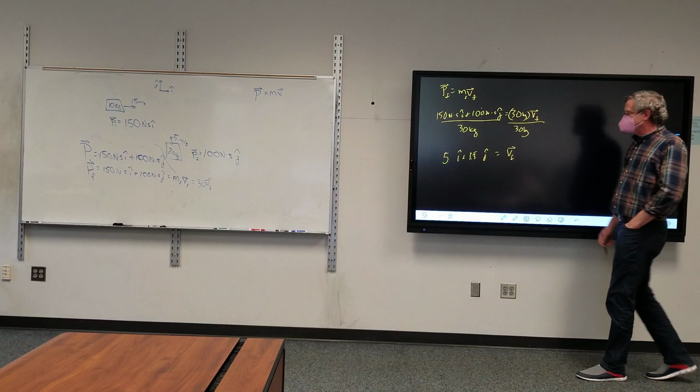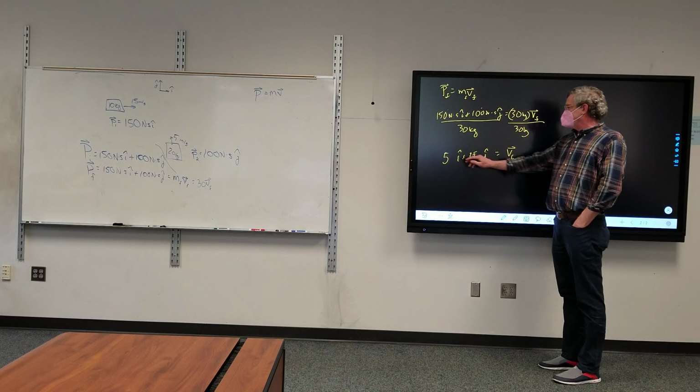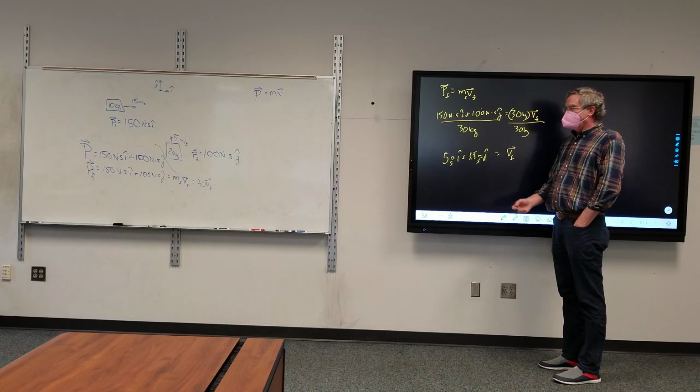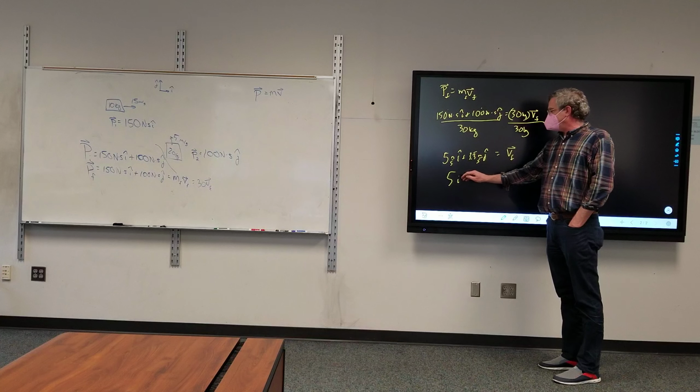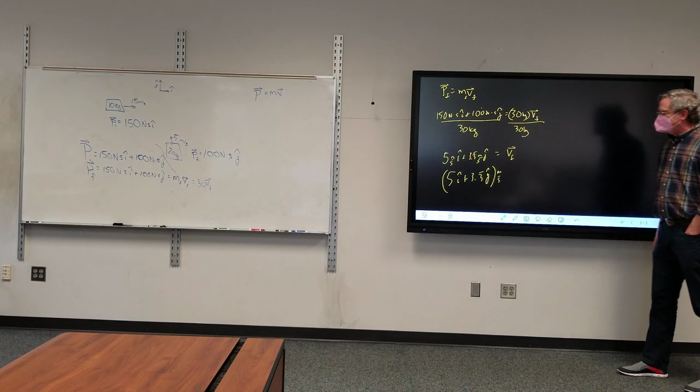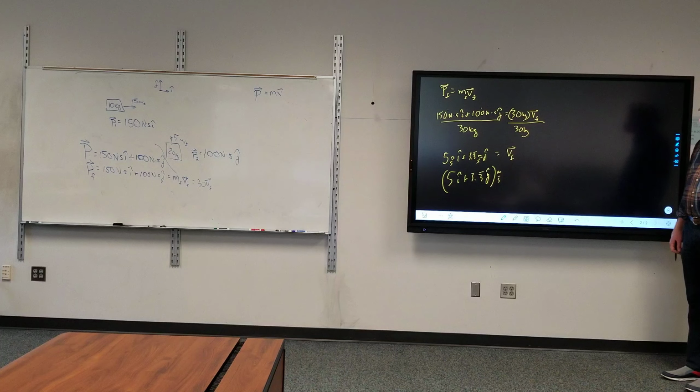Yes. It's a velocity, meters per second. So I can do meters per second, or 5 I hat plus 3.3 repeating J hat meters per second. If I just want to write it once, I do need the parentheses. All right.